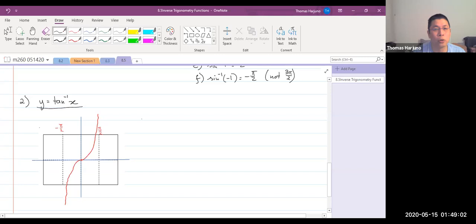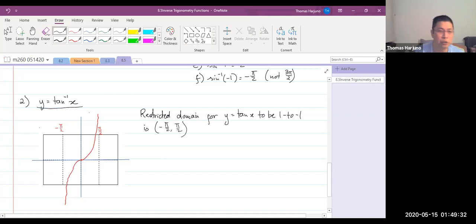So the restricted domain for y equals tangent x to be 1 to 1 is negative pi over 2 to positive pi over 2, not including the endpoints though. As you can see, at the endpoints it becomes undefined, so we don't include the endpoints.